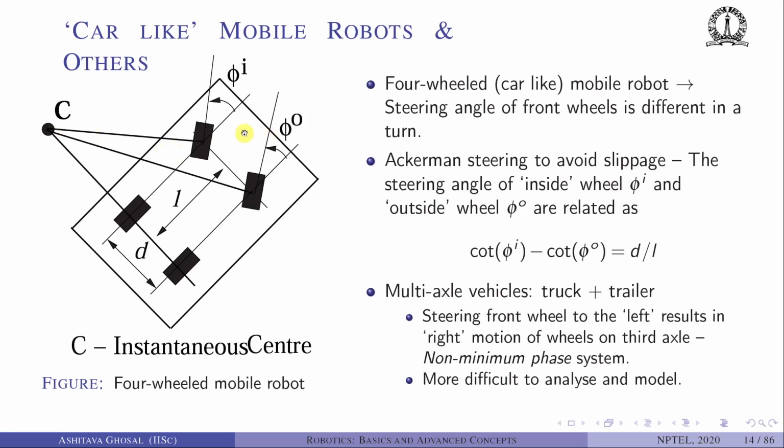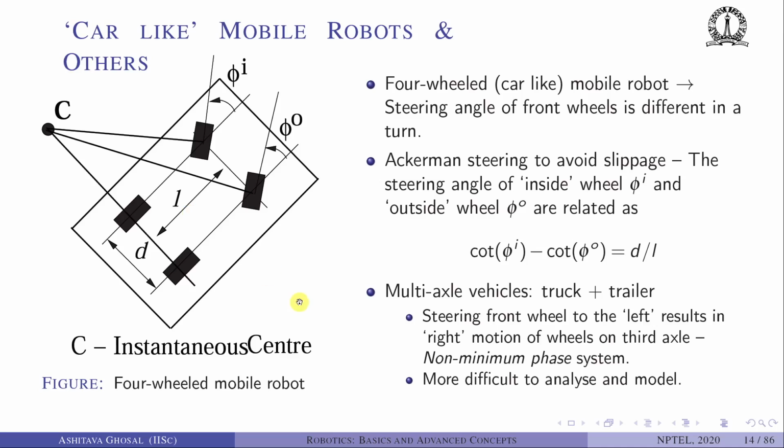There are sophisticated linkages which make sure that when you steer the car, the 2 wheels rotate differently. The inside wheel is phi i and the outside wheel is phi 0, and you need to make sure that cotangent of phi i minus cotangent of phi 0 is d by L. So d is this and L is this.